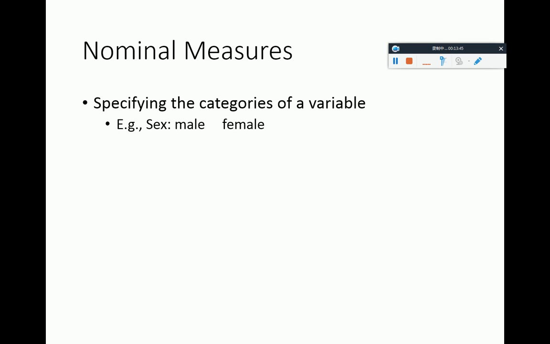Two categories, in other words, are sufficient to include 99% of the values that this variable, biological sex for humans, can take. So there are some other typical measures that we call nominal, right?